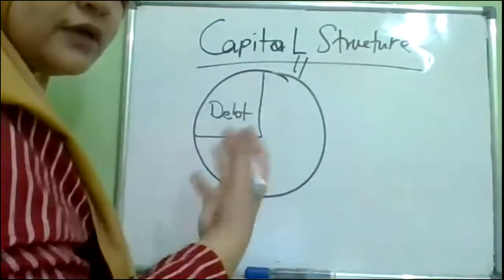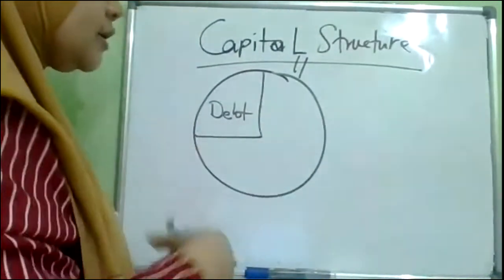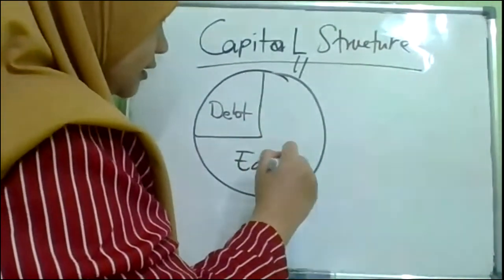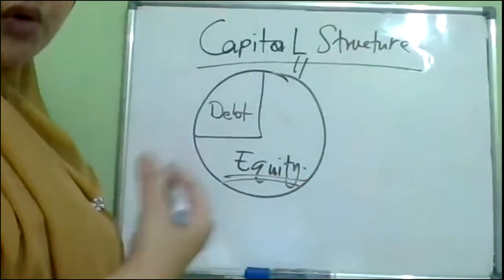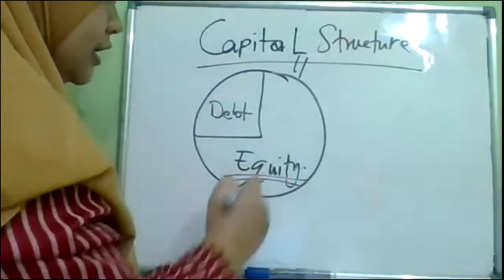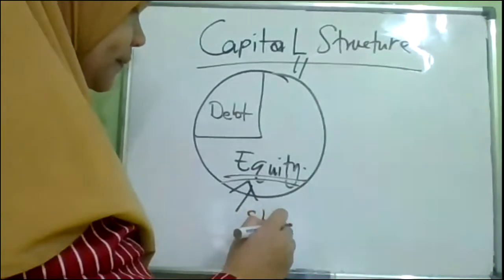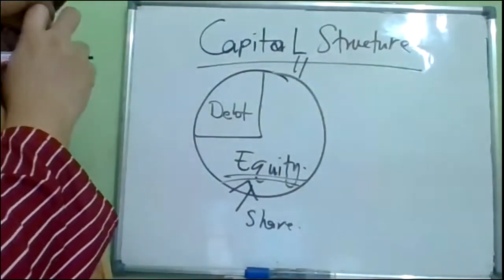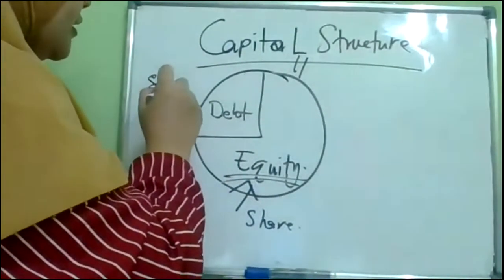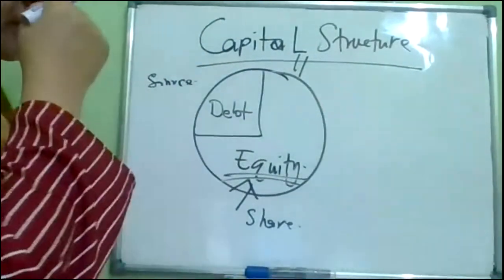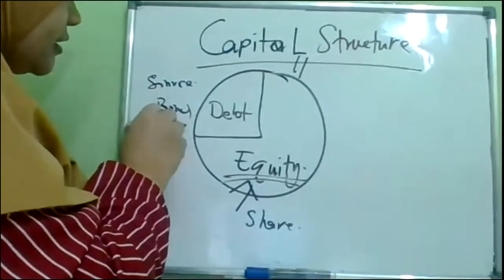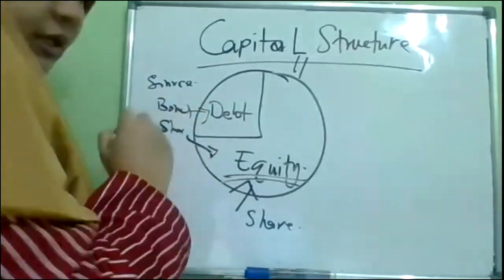So some portion of the capital comes from debt, some portion comes from equity. Equity is the owners' money, represented by shares. Before this we have learned about sources of financing, right? The long-term sources of financing are bonds and shares. So bond is debt, share is equity.